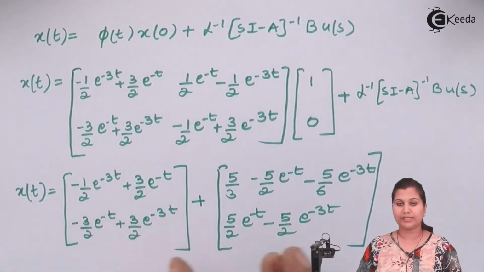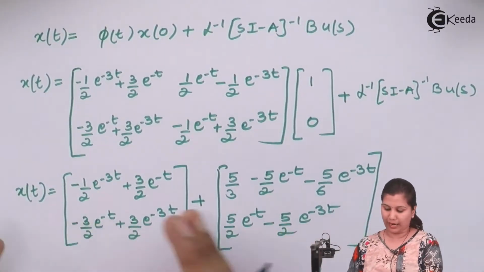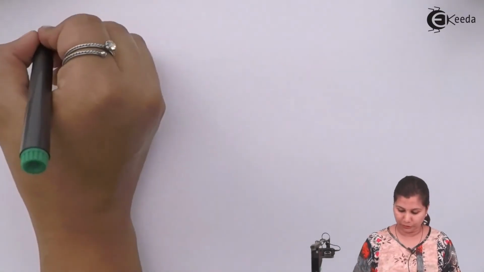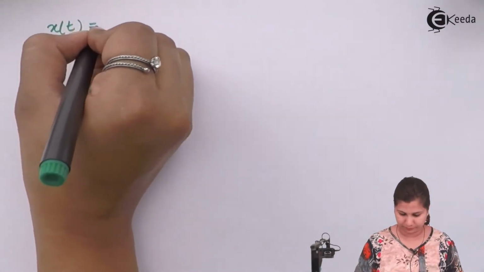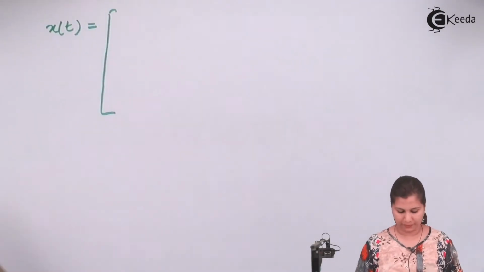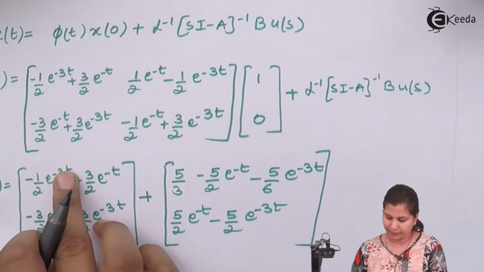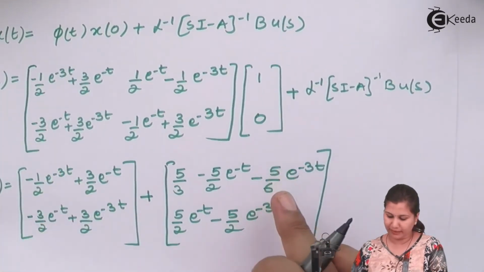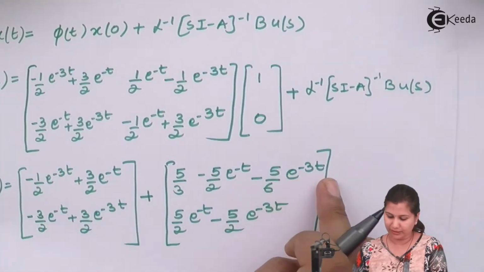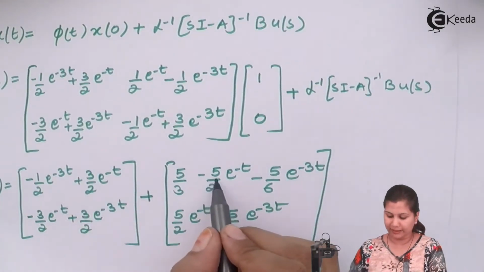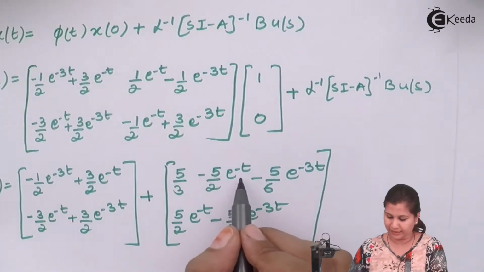Now we have these two matrices and we have to add them so that we can get x(t). So x(t) will be equal to, this is minus 1 by 2 e raised to the power minus 3t. This is minus 5 by 6 e raised to the power minus 3t. Then this is plus 3 by 2 e raised to the power minus t and this is minus 5 by 2 e raised to the power minus t.